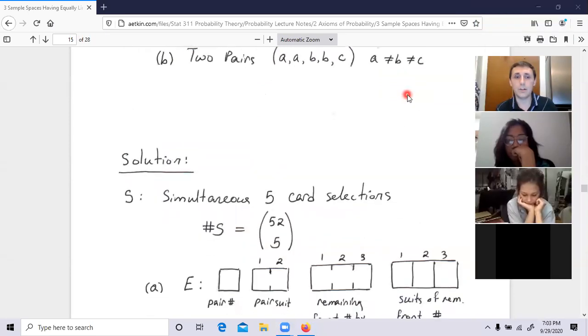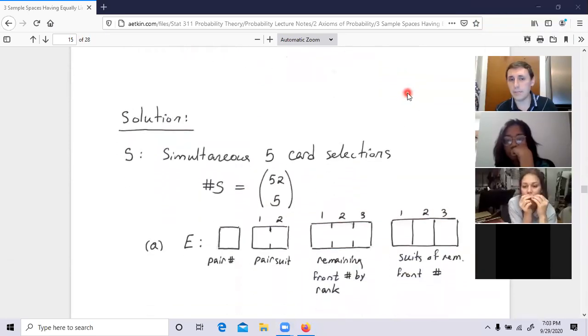So I am dealing with simultaneous 5-card selections here. So it's clear to me that the sample space is 52 choose 5, yes? Then here is my document. If I get exactly 2 pairs, then I can give the information as follows. First, what was the number on the pairs?